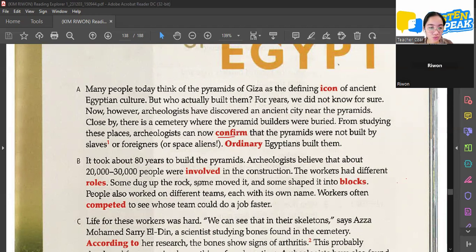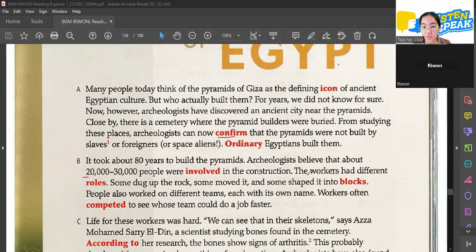Okay, and about 20,000 to 30,000 people were involved in building this, and it took about 80 years to build. So it's so long. Okay.